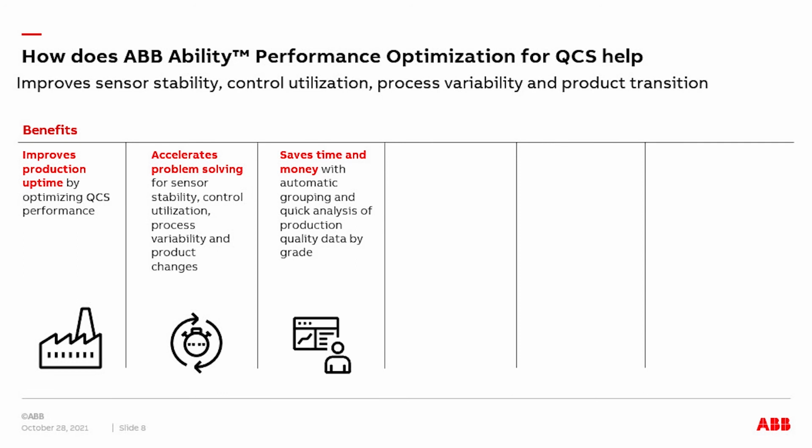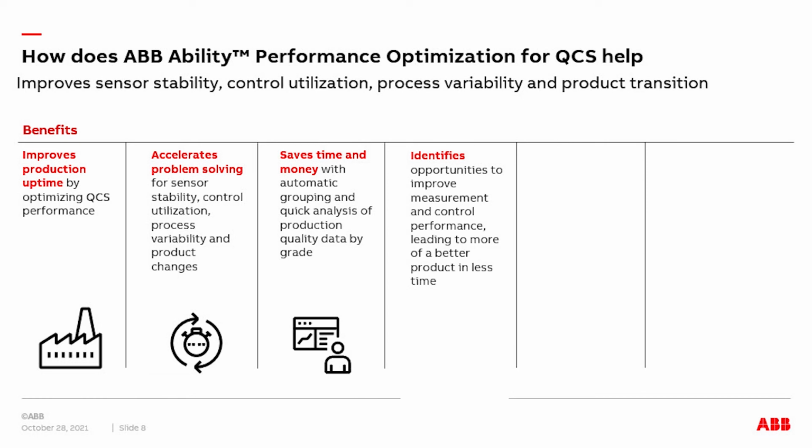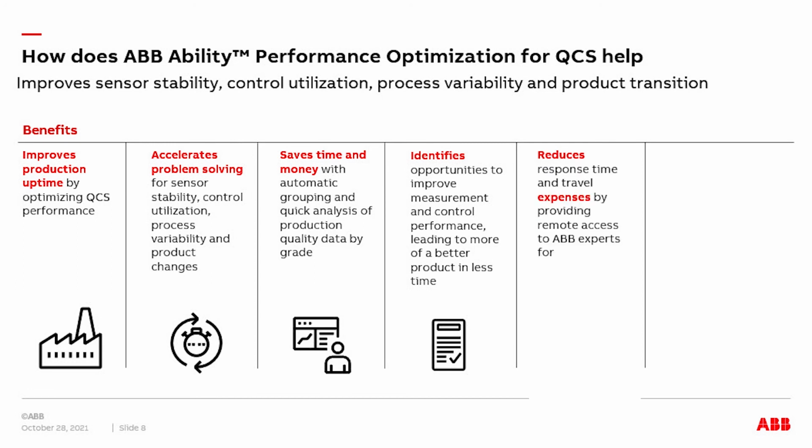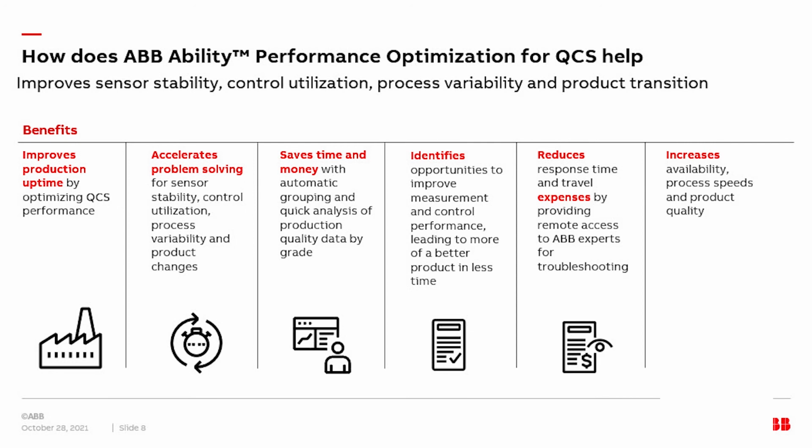It identifies opportunities to improve the measurement and control performance, which leads to better paper in less time. It reduces the response time and travel expenses by providing remote access to ABB support, which makes troubleshooting faster. It increases the availability of the system. It speeds up the process and improves the product quality.